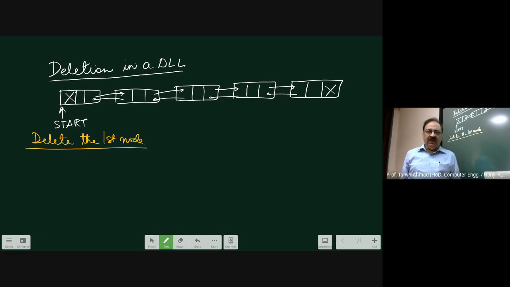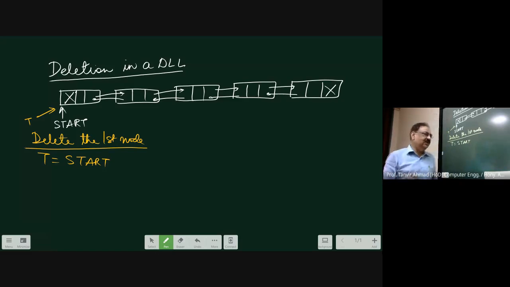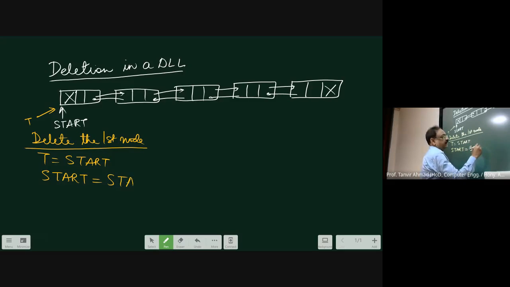Now it's too simple. What you're going to do, as you already know, is first put one pointer t over here, and I write t is equal to start. Then I just move start to the second node. I say start is equal to start of right.